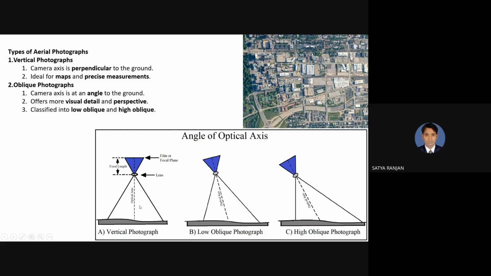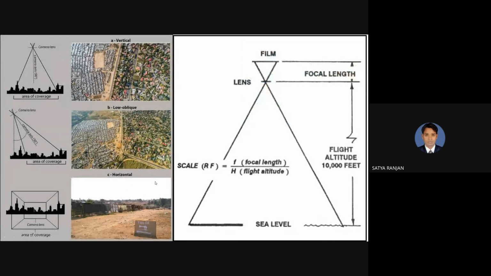These are the examples. This is the vertical photograph. Optical axis is 90 degrees to the surface of Earth. Then it is an oblique photograph. So the sensor to this Earth surface, some angle is created. This is the high oblique photograph. So these are some pictures of vertical photograph.